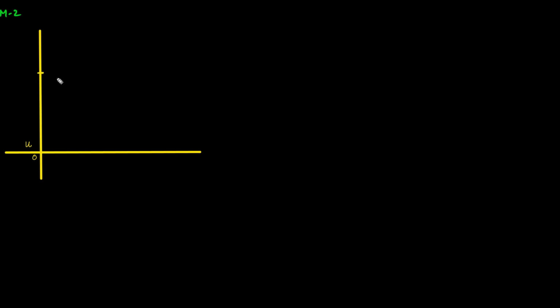And after some time, in uniformly accelerated motion, the initial velocity I am taking as u, and let's say this is time t, and at time t the velocity is v, not u. Final velocity is v.